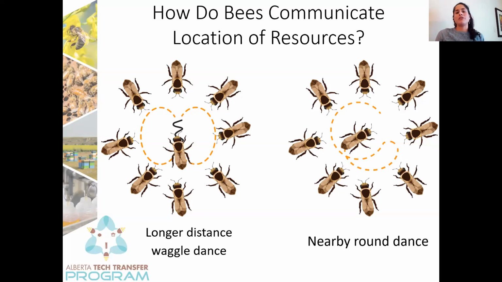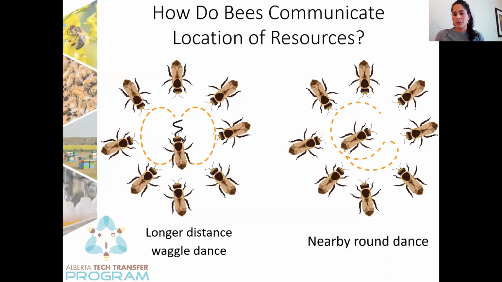That one is for very close by floral resources that the bee is communicating about. For that one, the bee is not telling the direction. It just tells how far it is, but it doesn't tell the direction according to the sun from the hive where that patch is.